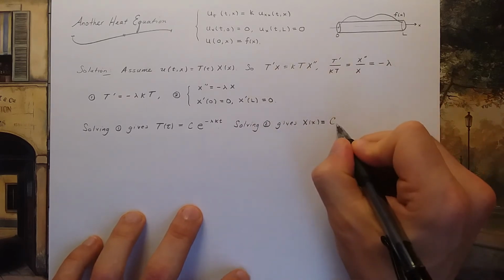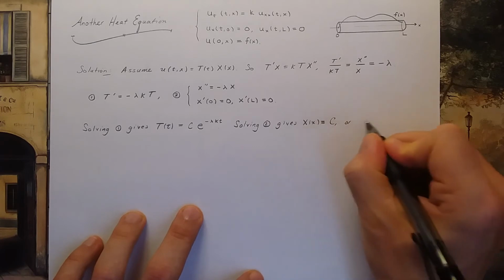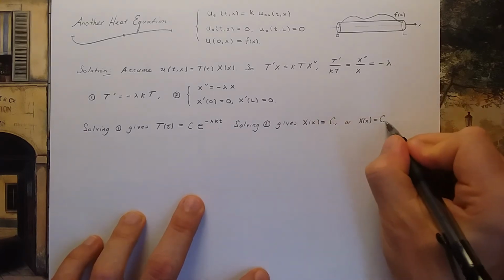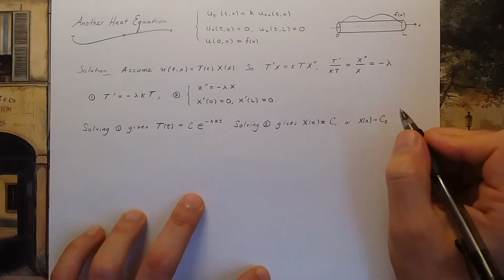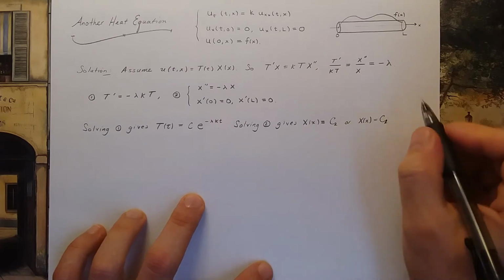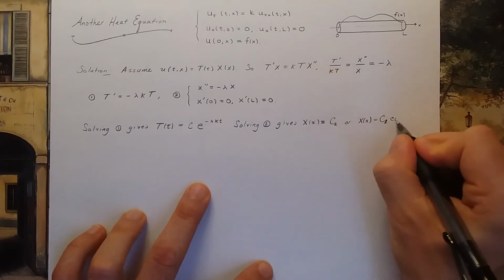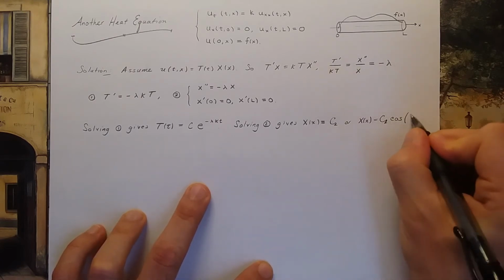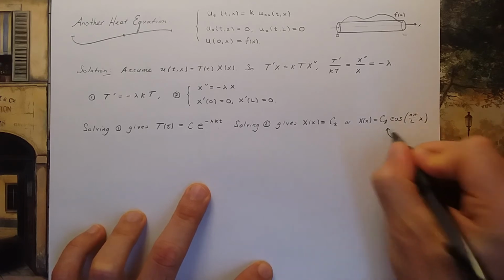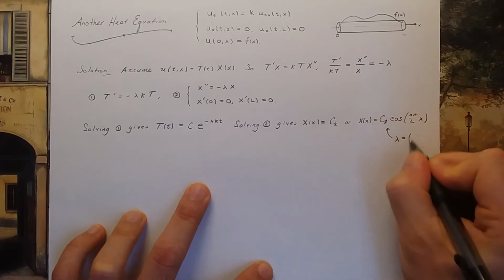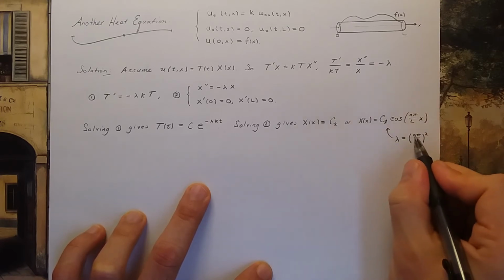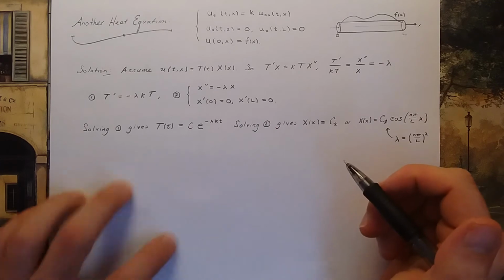And I now know the solution to number 2 looks like some constant, well, this was C2 and this was C1 in my previous notes. It's just some constant times cosine n pi over L x, and this solution here required that lambda be n pi over L, squared. n is a non-negative integer.